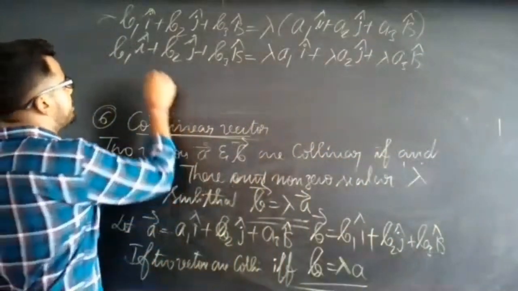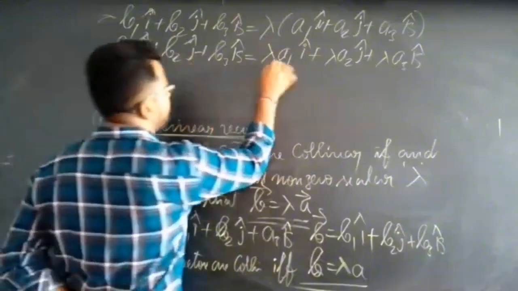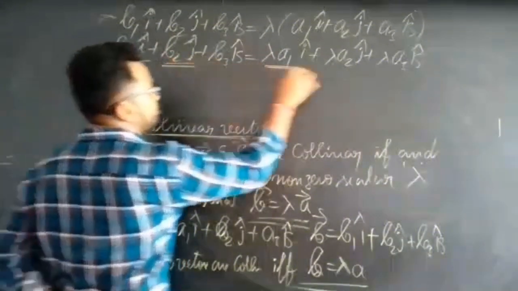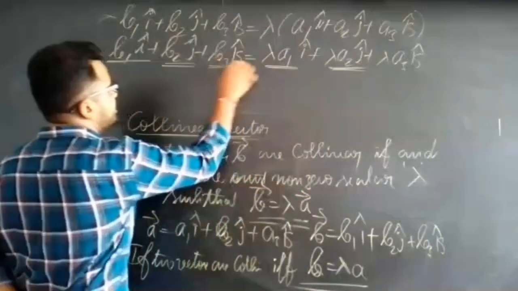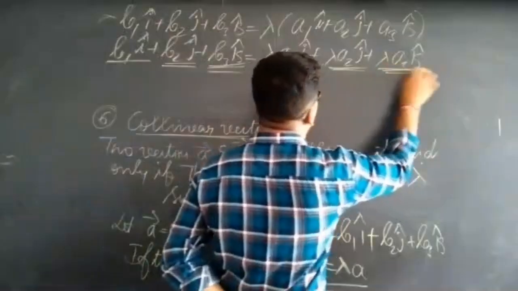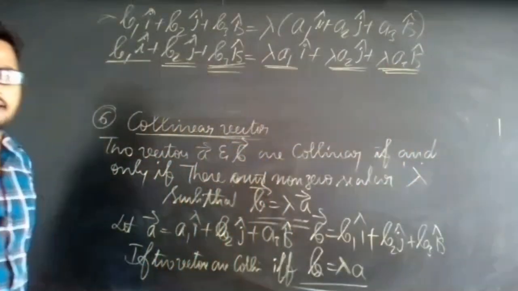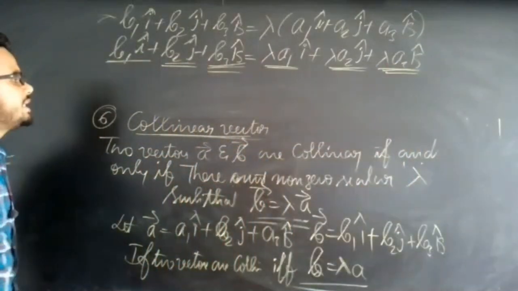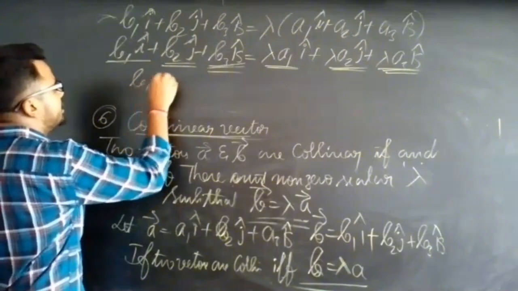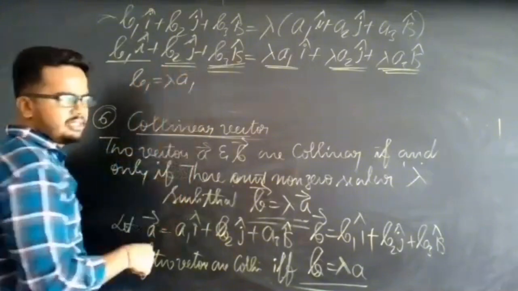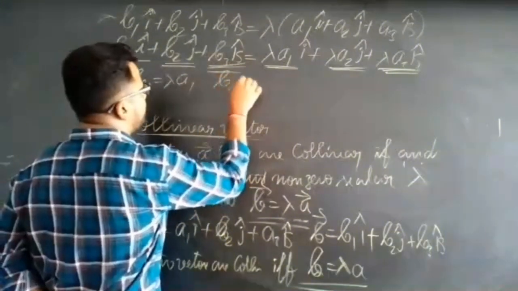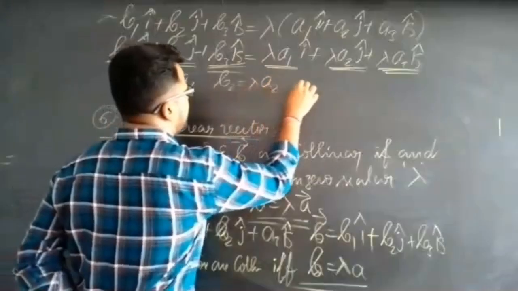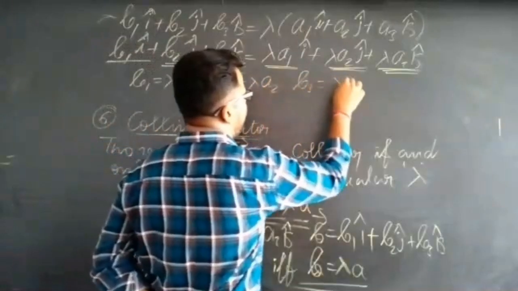Now we shall compare these two. Observe here. I can write B1 is equal to lambda A1, B2 is equal to lambda A2, B3 is equal to lambda A3.